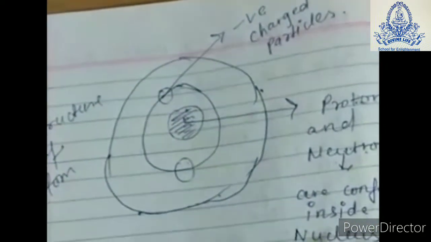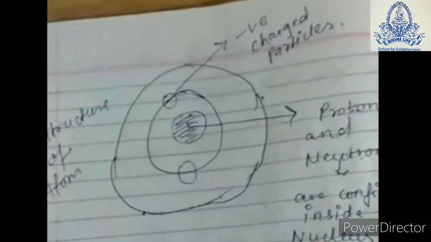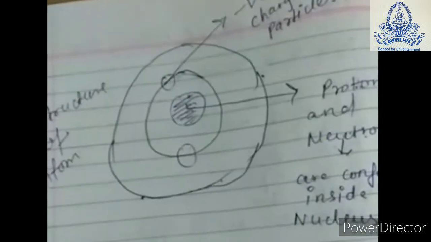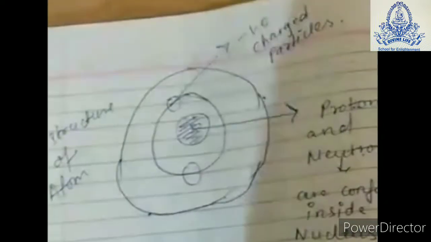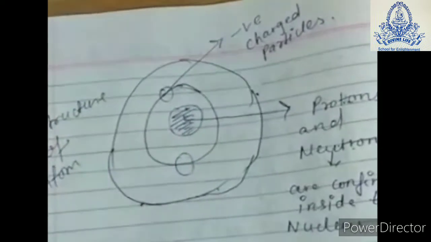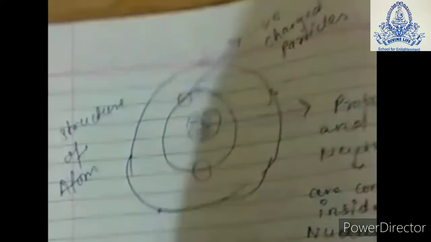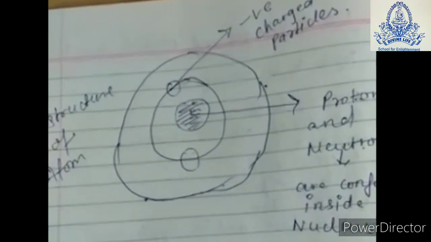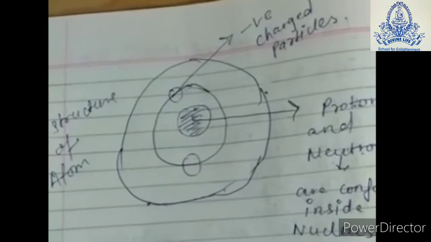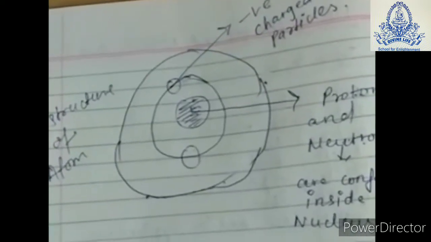So when do we say that a body is positively charged or negatively charged? How can you say that? As the name suggests, when we say that a body is positively charged, that means the body has more of the positive charges.